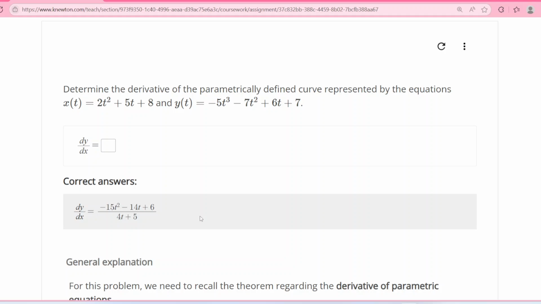And also, if you happen to be working in Knewton Alta's program on these homeworks, once you submit an answer, whether it's right or wrong, you'll be given some sort of answer explanation, a general explanation as to why something was correct or why the answer was what it was.